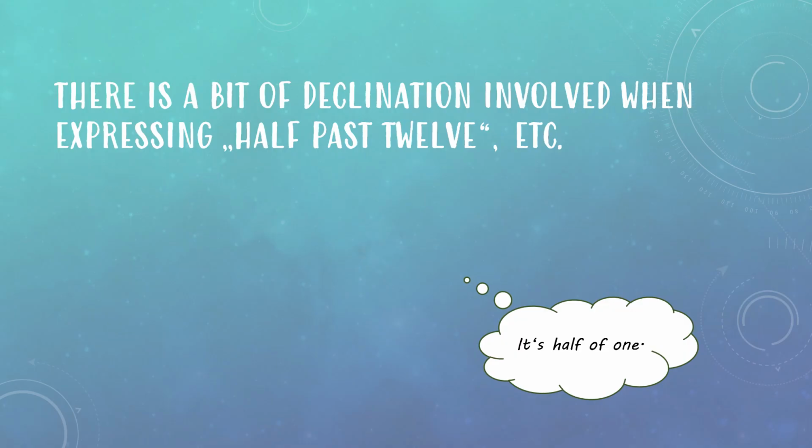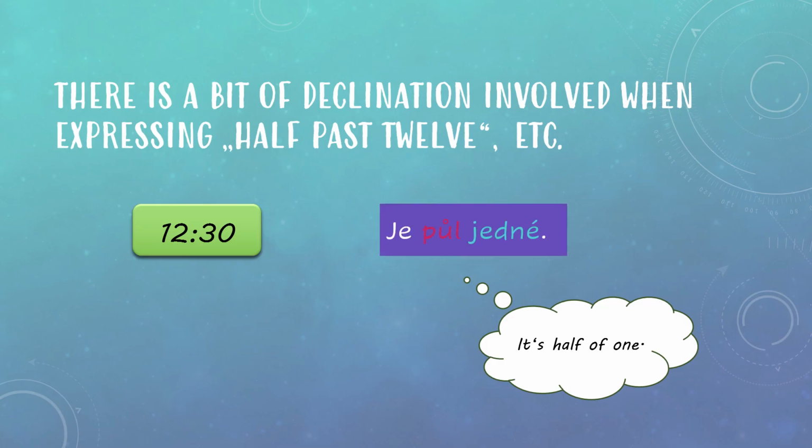As with many things in Czech, there is a bit of declension involved when expressing 12:30 and so on. For example, 12:30 in Czech would be je půl jedné. Je půl jedné. It's half past twelve.